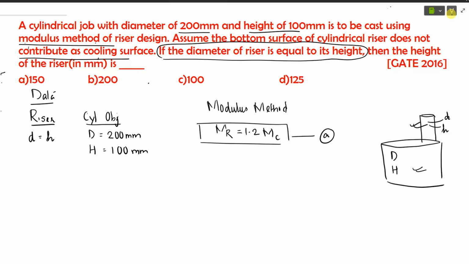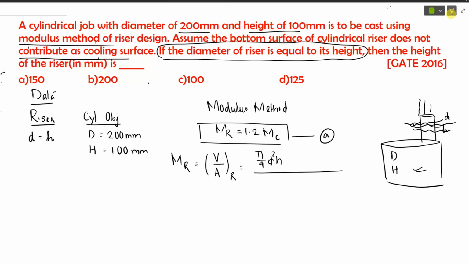So now let us calculate the modulus of the riser. The modulus of the riser is nothing but volume by total heat dissipation area of the riser. It is cylindrical in shape, so π/4 d² h by, if we talk of area, the heat dissipation area, here we have got the curved surface area through which heat will come out and the top circular area.